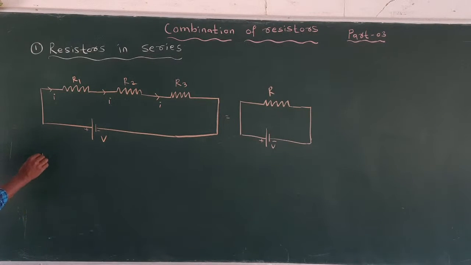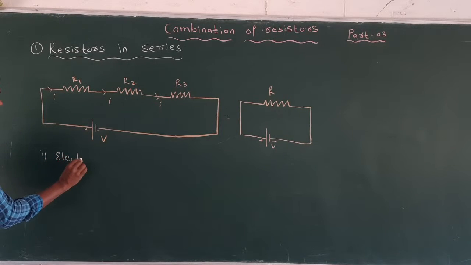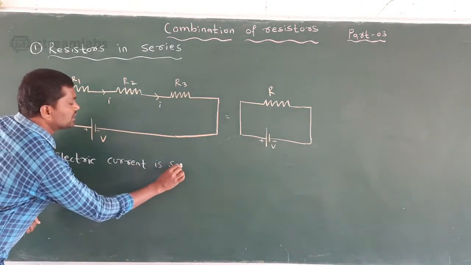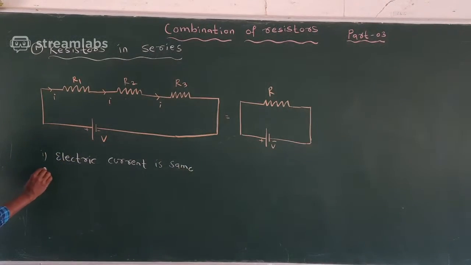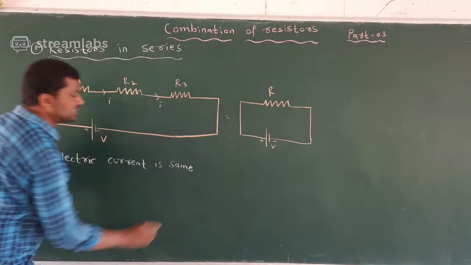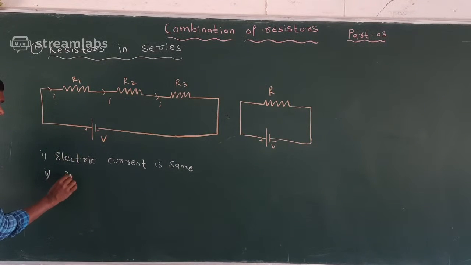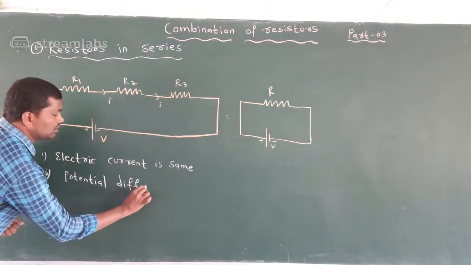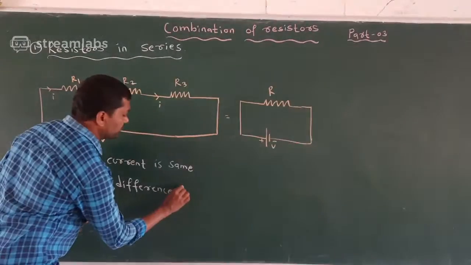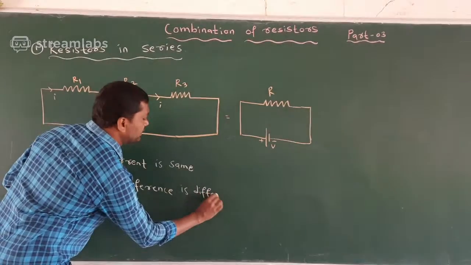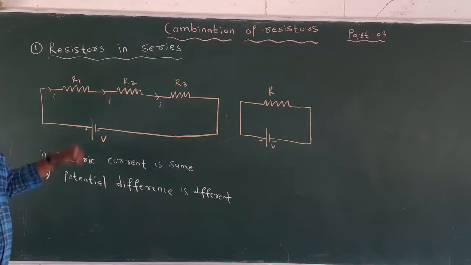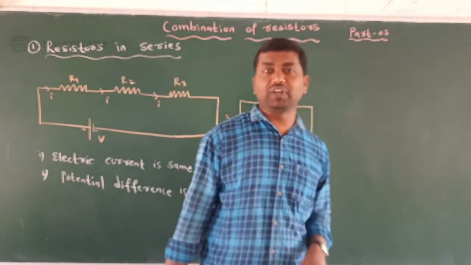So I can write the first condition: in series combination of resistors, the electric current is same. The second condition: electric current is same, but potential difference is different. So these are the conditions. In series combination, electric current is same, but potential difference is different.